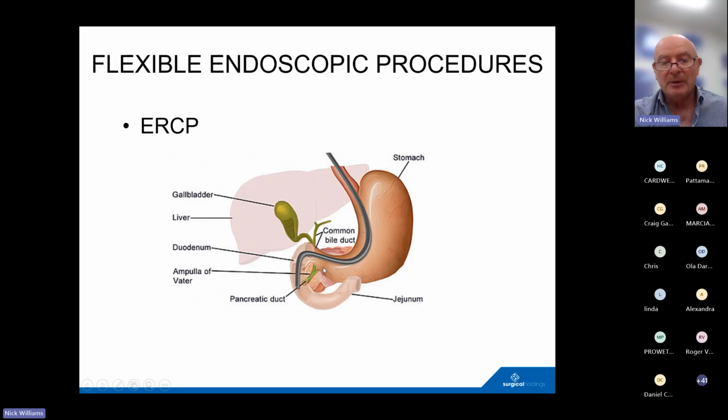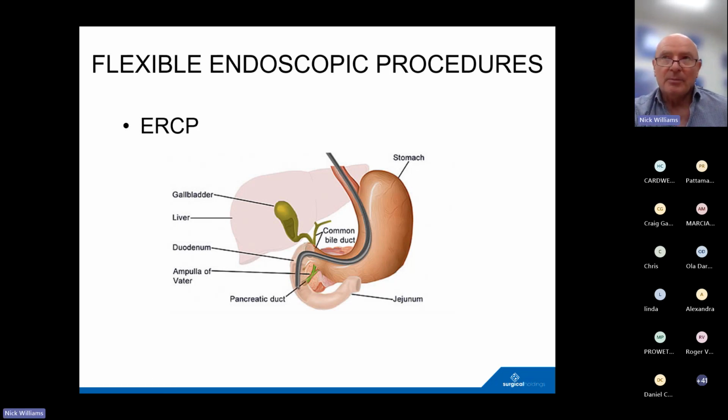And you can see there's a little join of the duct there. The duct from the pancreas and the duct from the biliary system come out through what's known as the ampulla of Vater, into the duodenum to help with digestion.